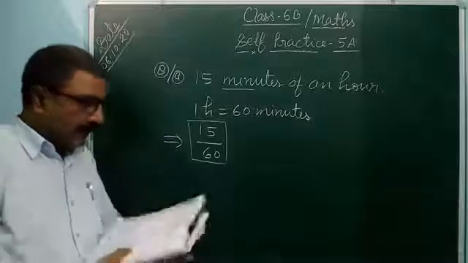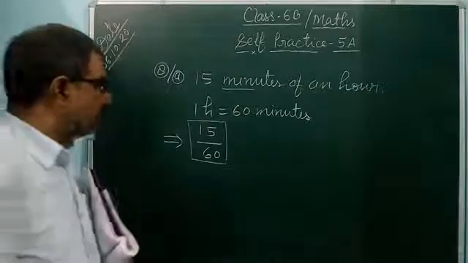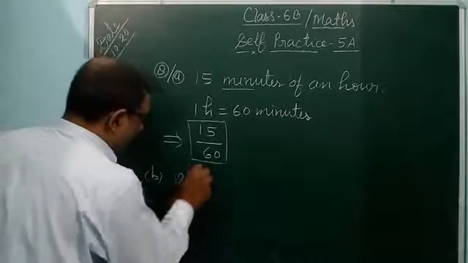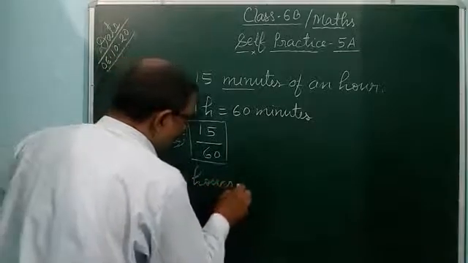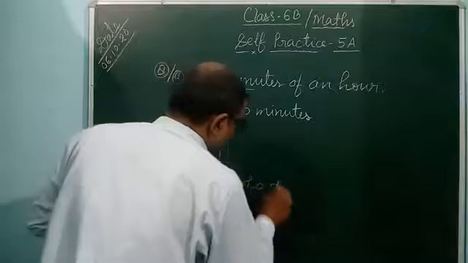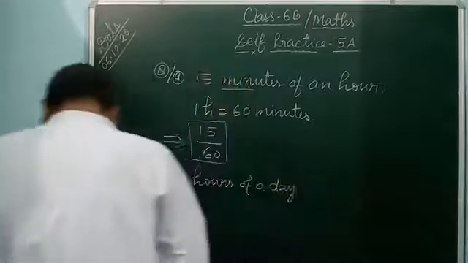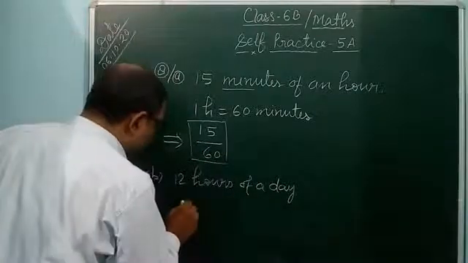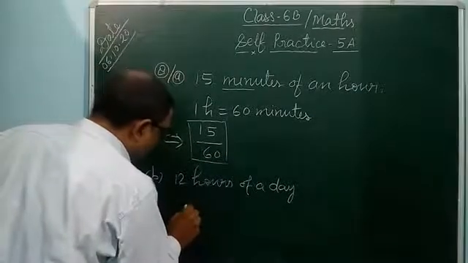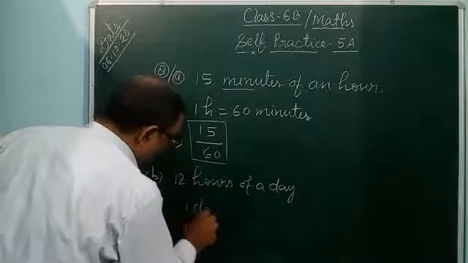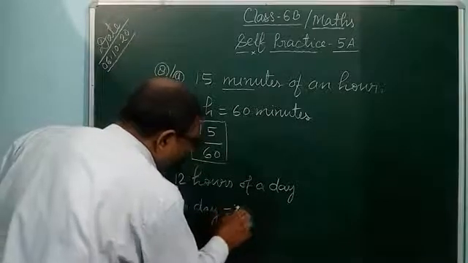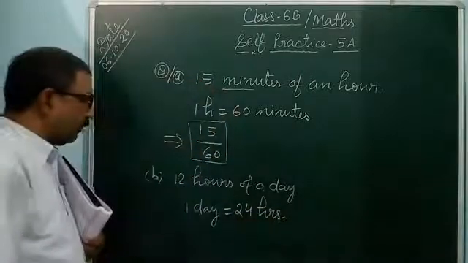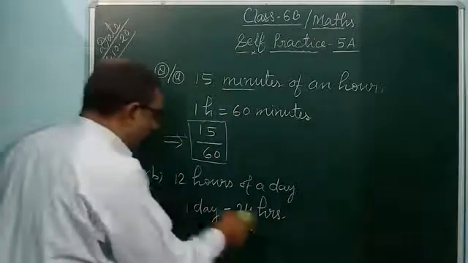After that, B, 12 hours of a day. A day means 1 day. 1 day is equal to 24 hours. So out of 24 hours, 12 hours.